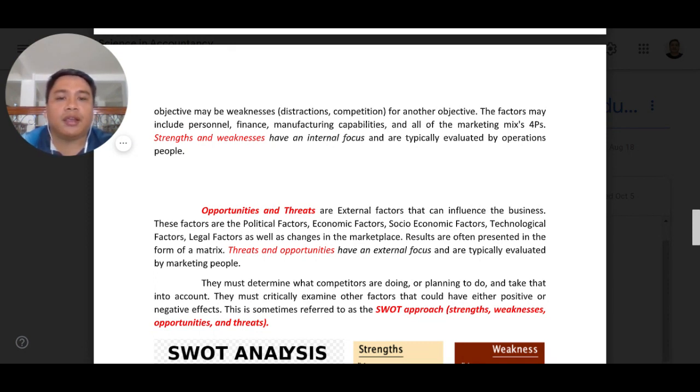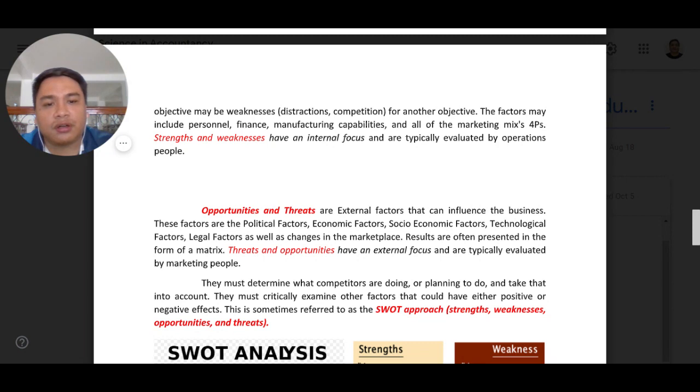Okay? So, political, economic, socio, technological, and legal factors. Yun yung PESEL na sinasabi natin. Okay? And another part is yung anong changes in the marketplace, in the industry, ano yung mga paiba-iba.